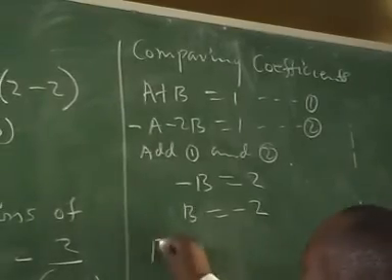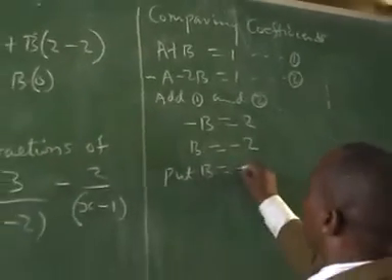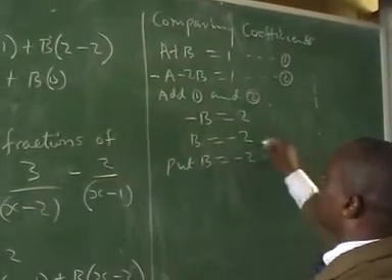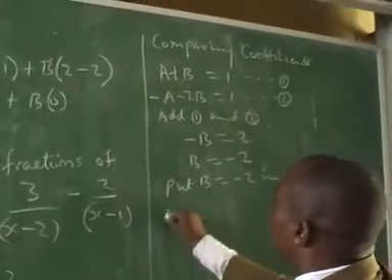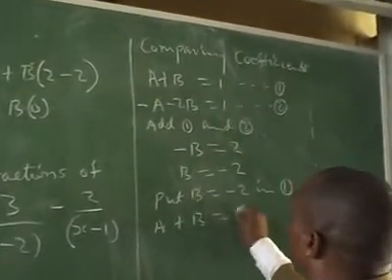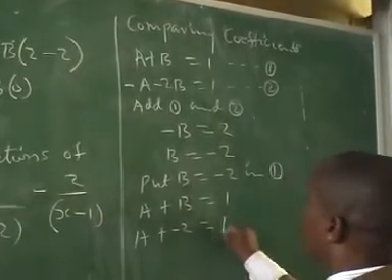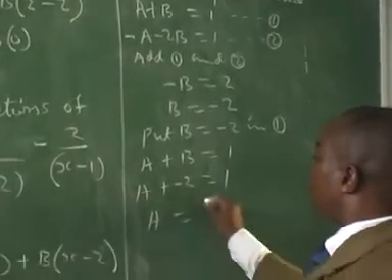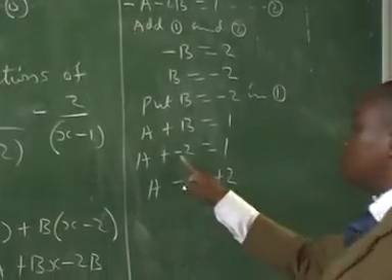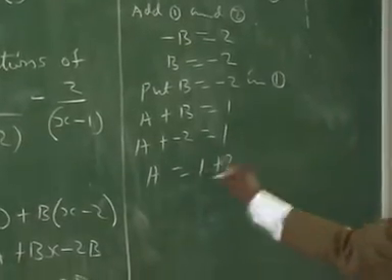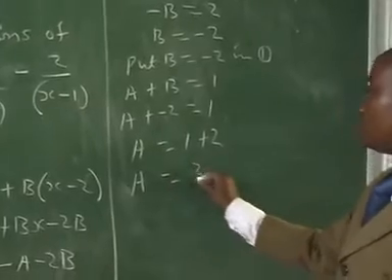Then we put b equal to minus 2 in equation 1. So a plus b is equal to 1 becomes a plus minus 2 is equal to 1, so that a will be equal to 1 plus 2. This one will turn to this side, and then we have that a is equal to 3.